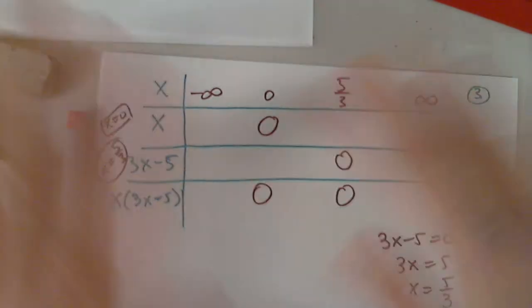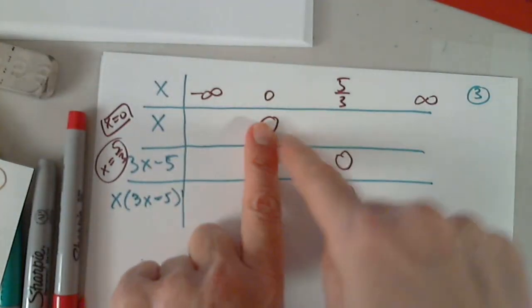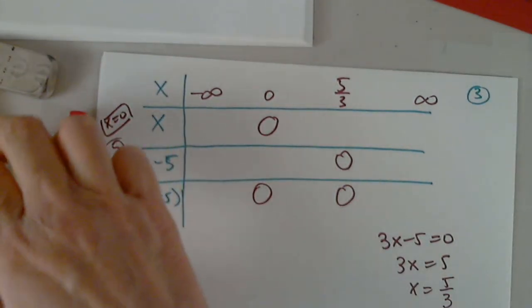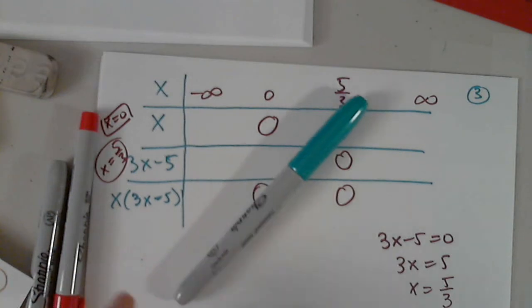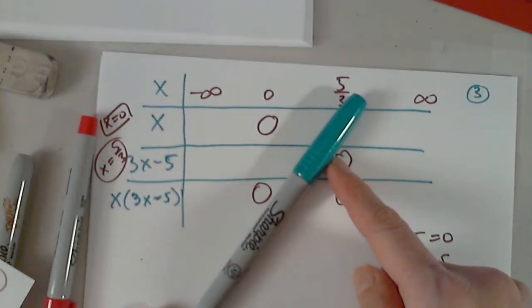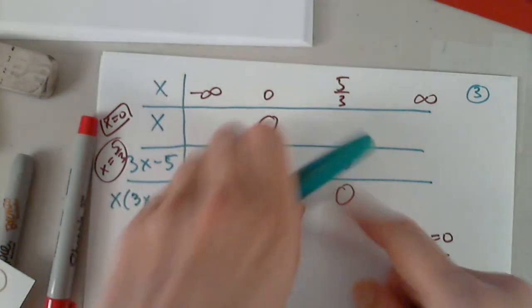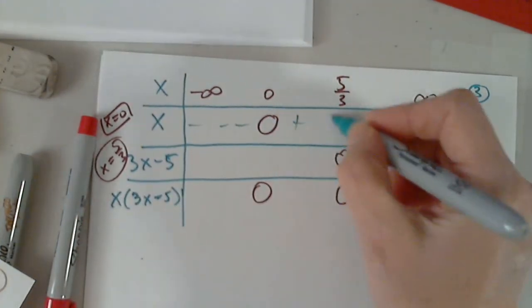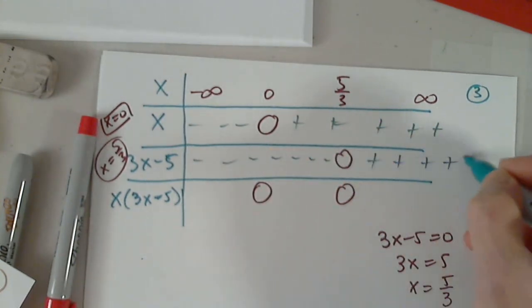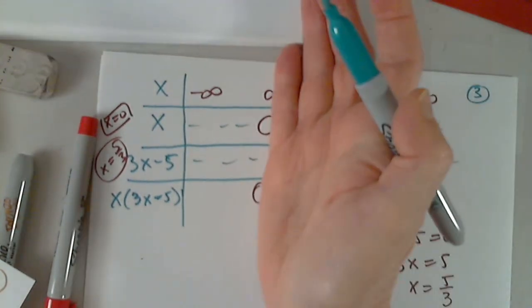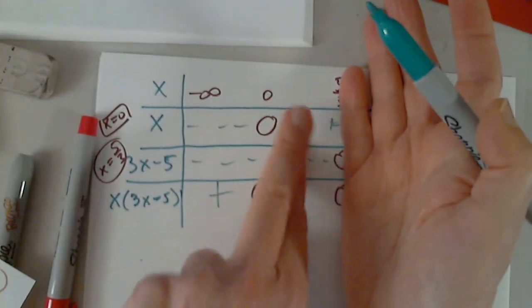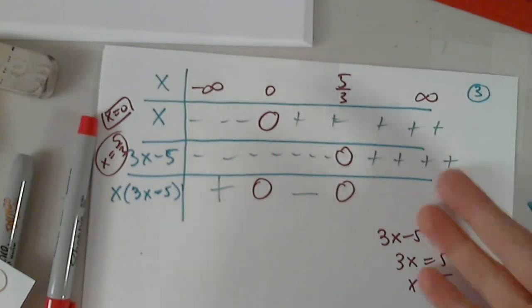And now, yes, you can plug in numbers to the left of 0, to the right of 0, to the left of 0. I don't recommend that. It's up to you. These are linear functions, and we know how to graph them. Both have a positive leading coefficient. They go from negative to positive, and that's it. They are negative before they are 0, and after that, they're positive. I multiply two negatives. I multiply a positive and a negative, and I multiply two positives.